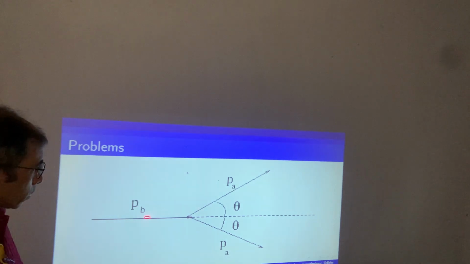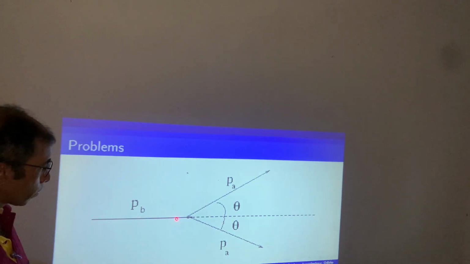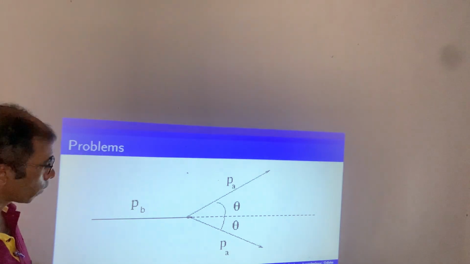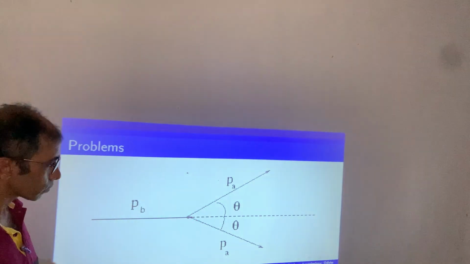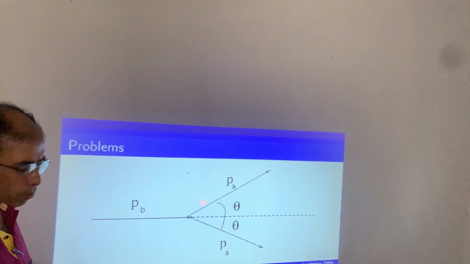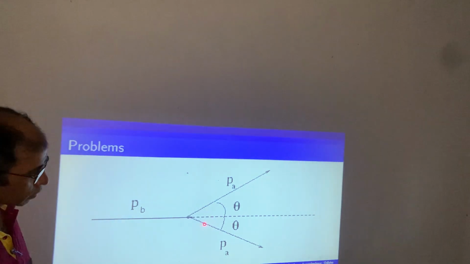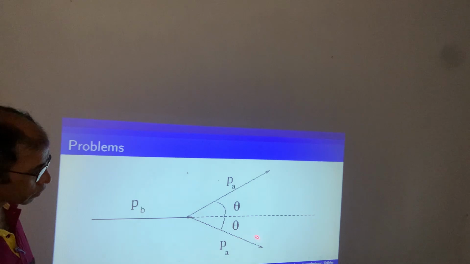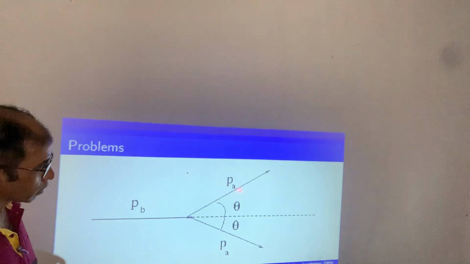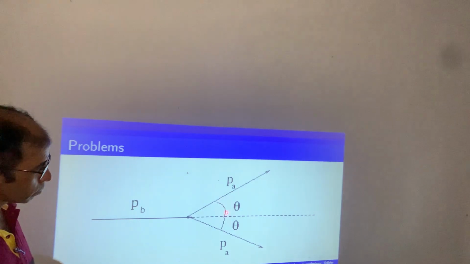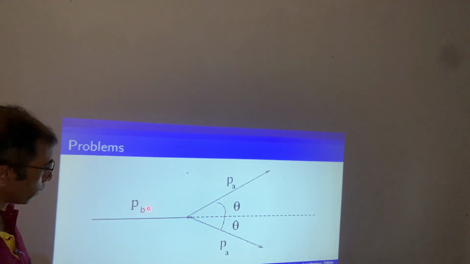So this is the picture. A heavy particle comes, of rest mass capital M, and it disintegrates into two lighter particles, each of mass small m, and this disintegration is symmetrical about the z-axis. So this disintegrates and goes in this direction, making an angle theta, and the other goes in this direction, making an angle theta.